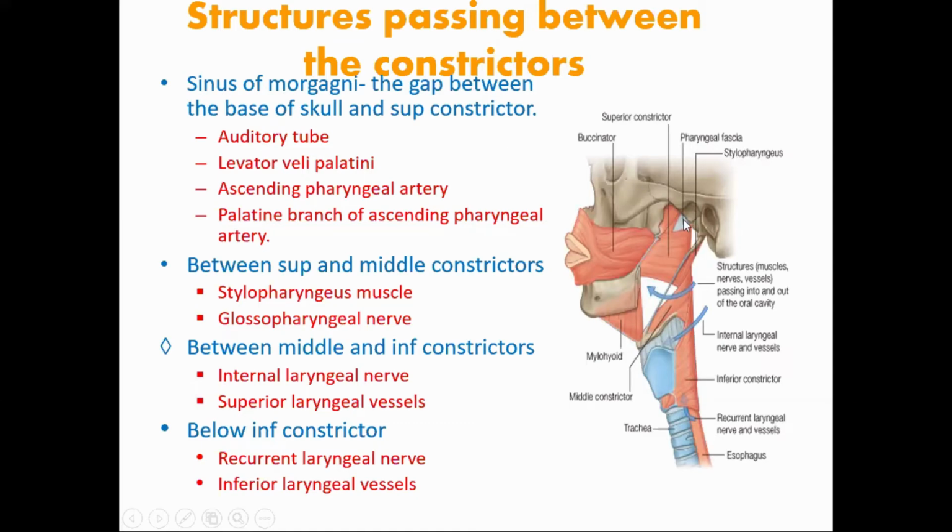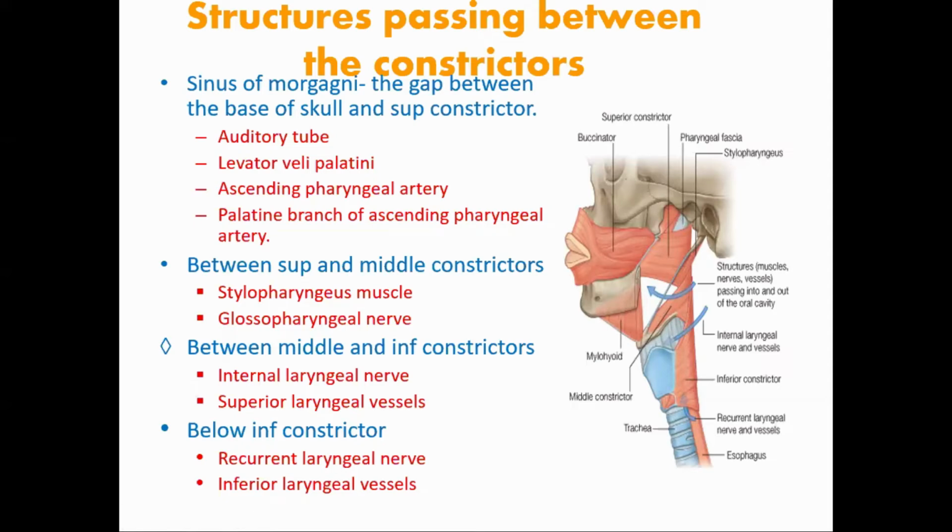It passes the auditory tube, levator veli palatini muscle, ascending pharyngeal artery, and the palatine branch of the ascending pharyngeal artery.